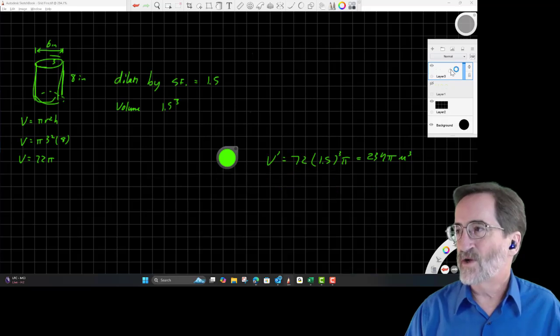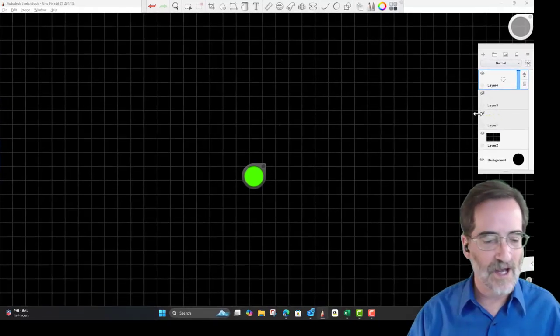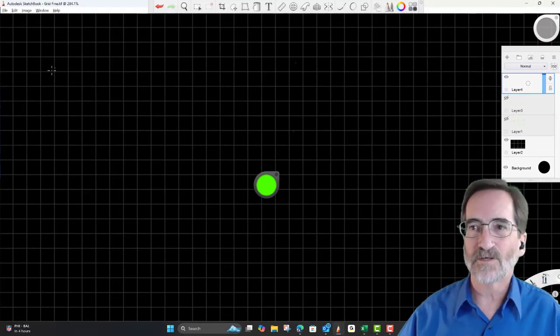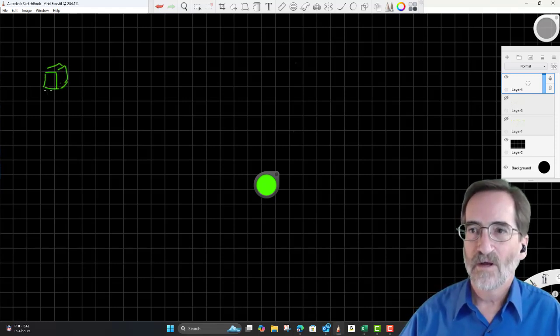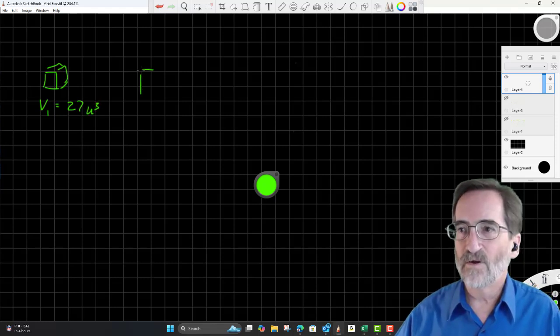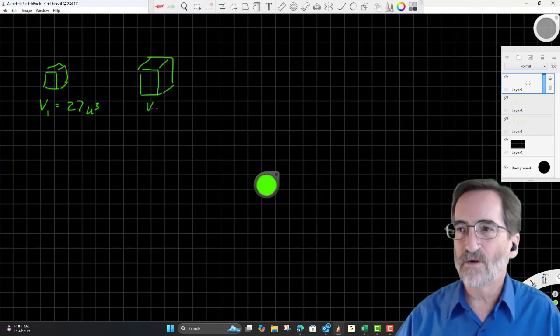Okay, the other kind of question you'll be given is this. You'll be given a problem in which you have 2 volumes, and you're asked to find the scale factor. So let's say volume 1 here is 27 cubic units, and volume 2 is 64 cubic units.